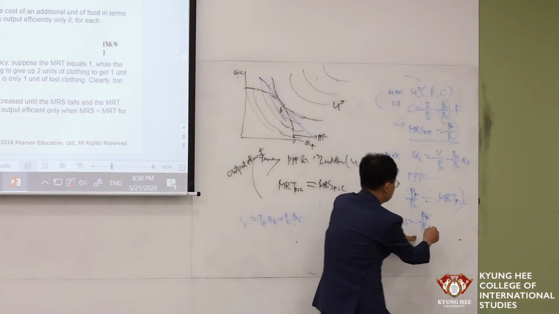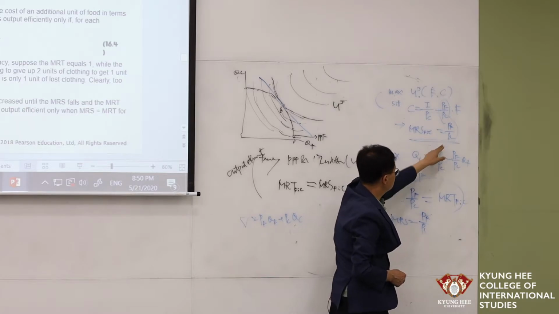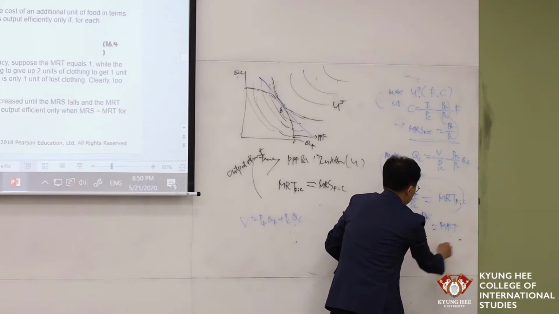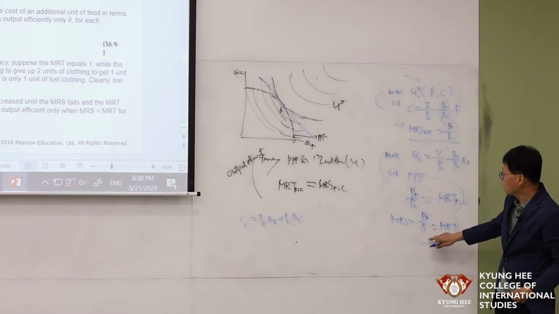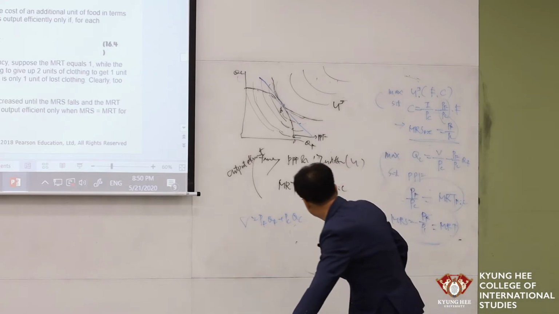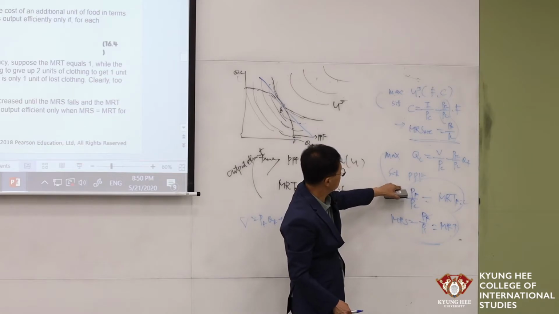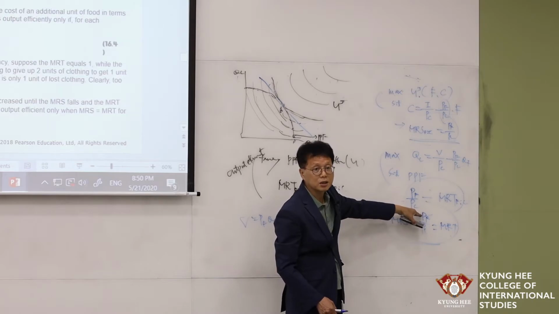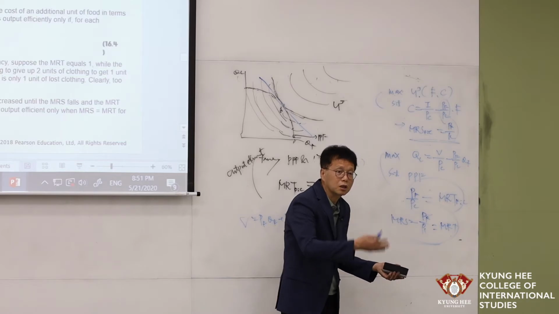So the market price consumers face is equal to the market price producers face, and should be equal to MRT. That is output efficiency in a competitive market. Can you understand? Also, in our textbook there are two ways. This one is an easier explanation of value maximization from the perspective of society.